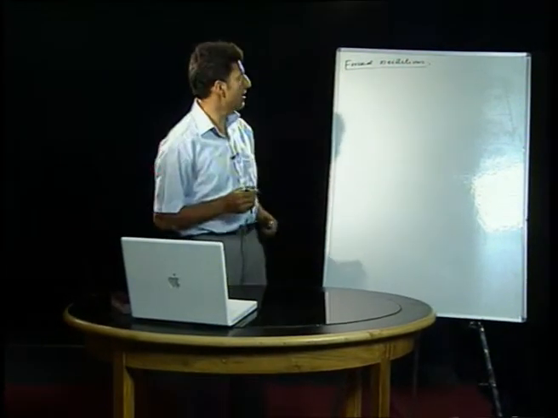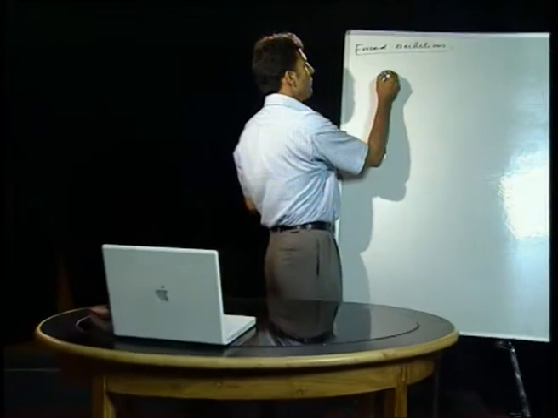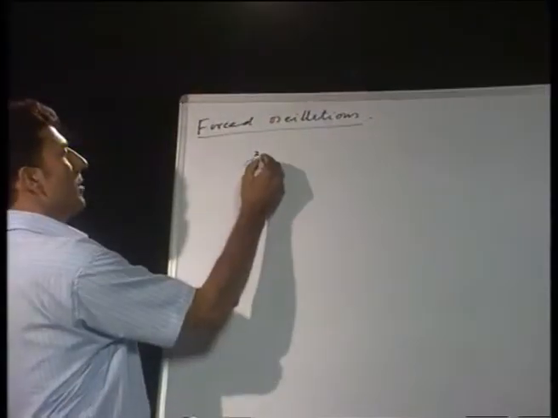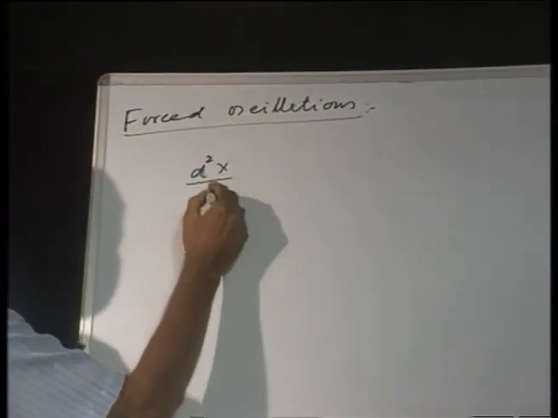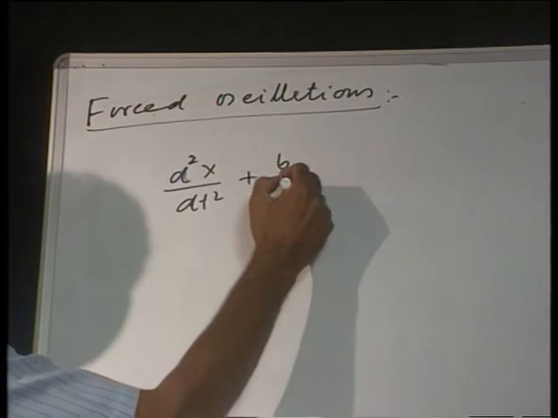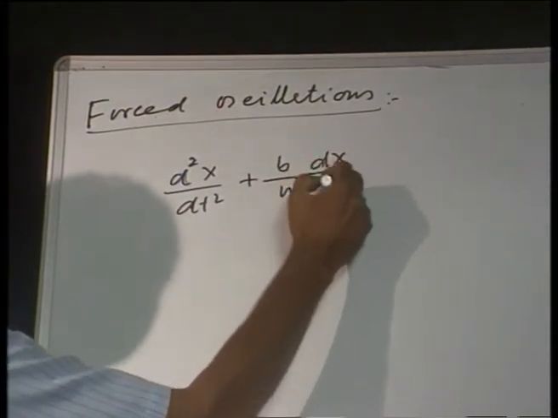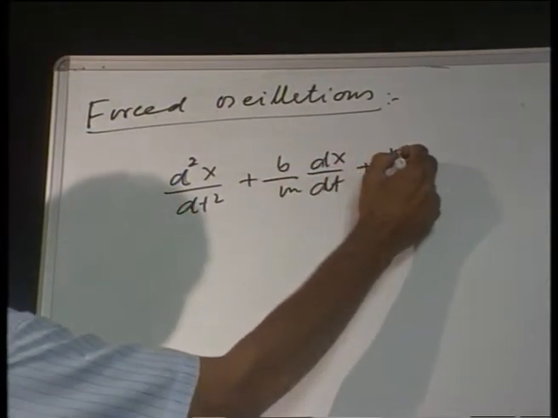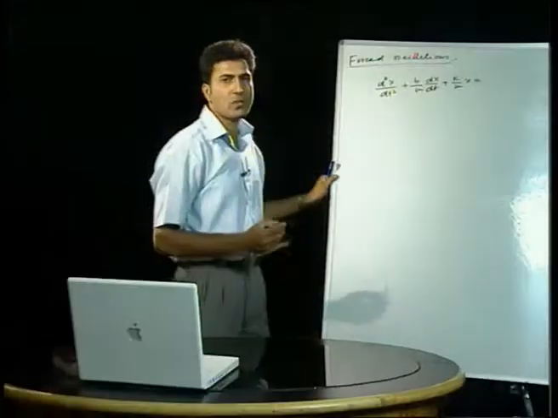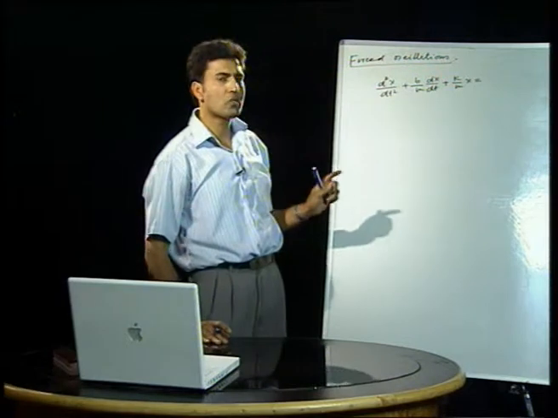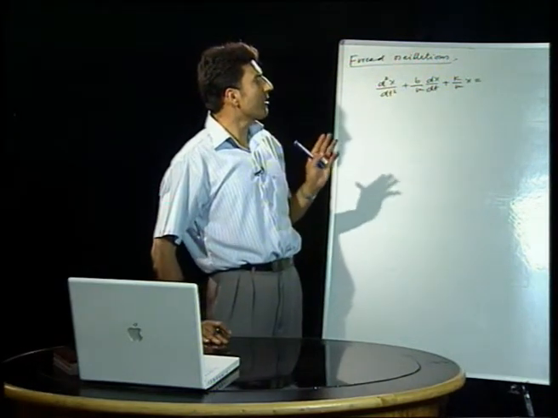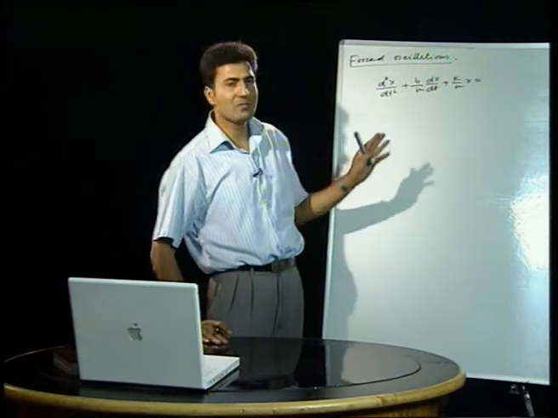And the equation can be written as d2x by dt square plus b by m dx by dt plus k by m x. I would write 0 had it been damped oscillations. But as it is forced oscillations, on the right side I must write down the force.